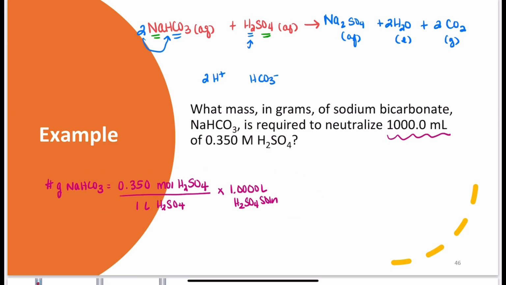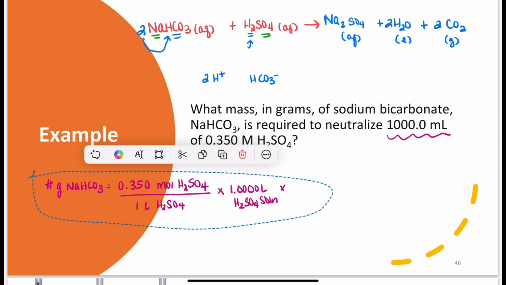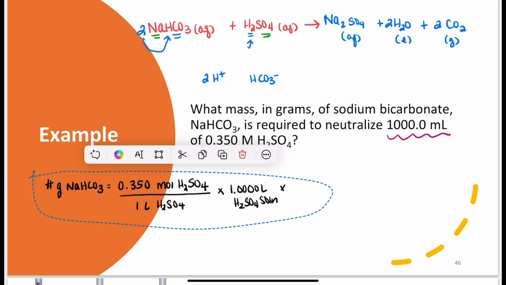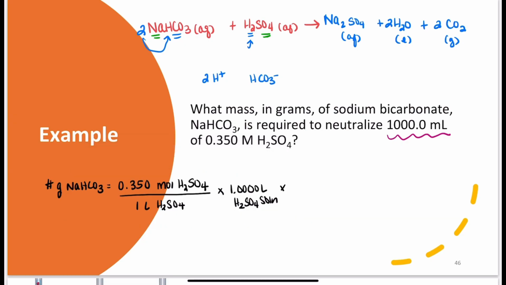I kept my 5 sig figs in my answer. If I stop right here, this would give me my moles of my sulfuric acid, but that's not what I want. I want to know how much bicarb I can make, how much bicarb I'm going to need.